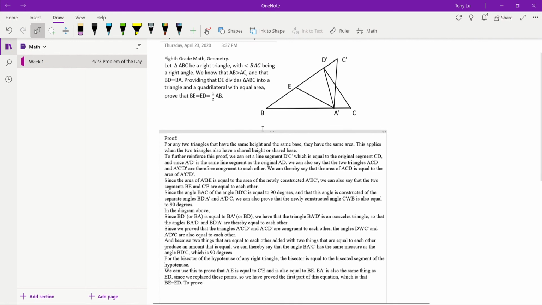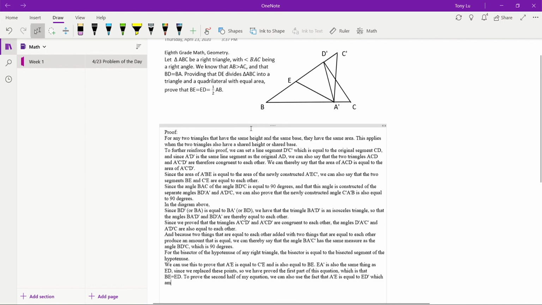To prove the second half of my equation, we can also use the fact that A'E is equal to ED', which makes it exactly half of the segment BD', or AB.